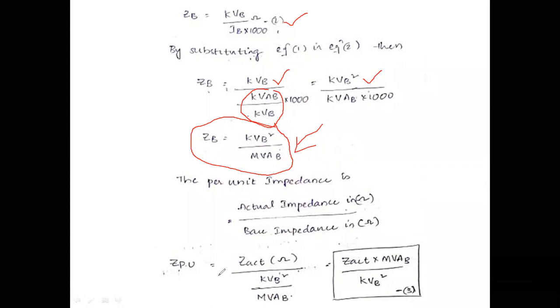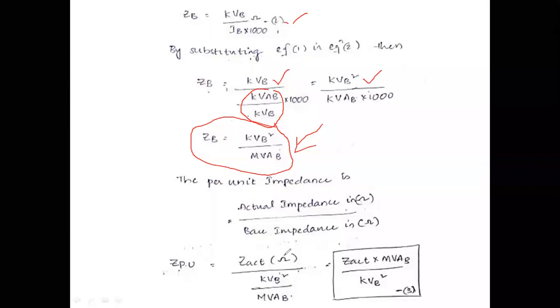Now, suppose I want to measure the per unit impedance value. Just now I have discussed the per unit value: per unit value of power, of voltage, of current. Most of the time we are talking about the per unit impedance.